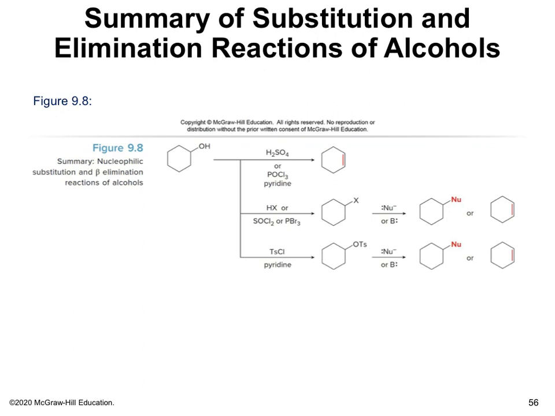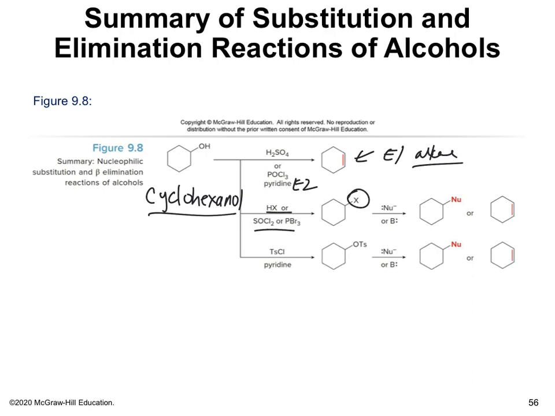And this is an example of taking cyclohexanol and converting it. You can make it elimination. This is an E1 product. This is an E2 product that makes an alkene. Here, if you want to convert it to a different halide, you can do that.